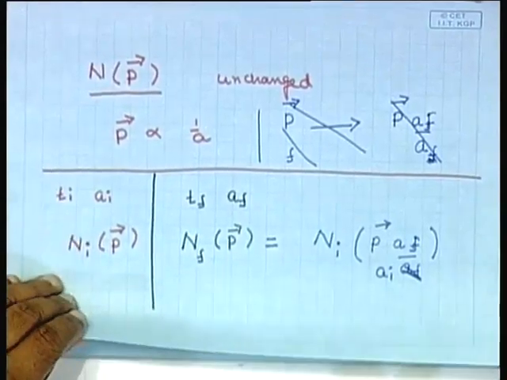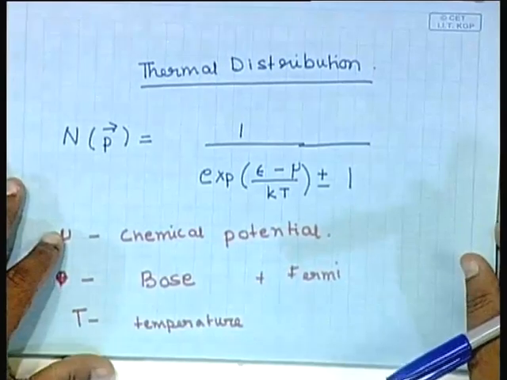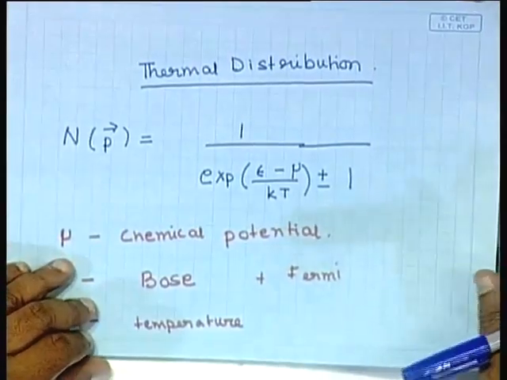Okay. So, let us now see what happens if we have a thermal distribution. So, let us assume that to start with, at the initial instant, we have a thermal distribution, that is the assumption.